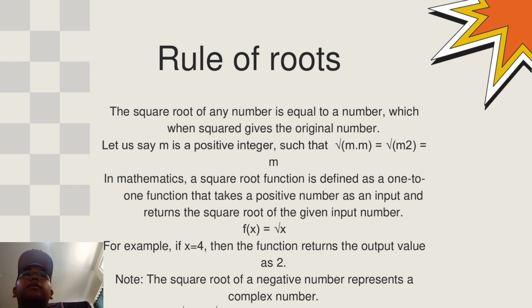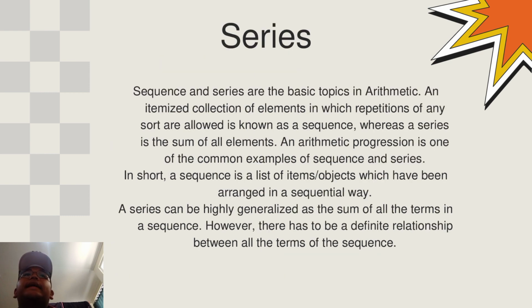Next, series. Sequences and series are the basic topics in arithmetic. An itemized collection of elements in which repetitions of any sort are allowed is known as a sequence, whereas a series is the sum of all elements. An arithmetic progression is one of the common examples of sequence and series.